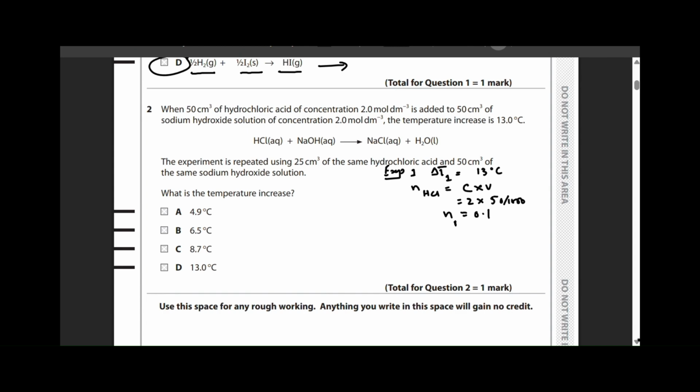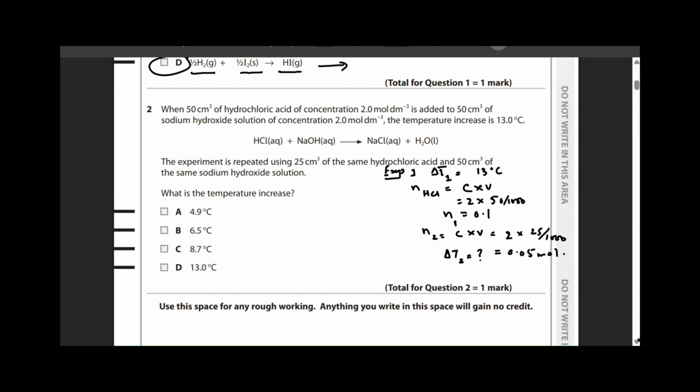And when the experiment was repeated the second time, the number of moles of hydrochloric acid changes. The concentration remains the same, but the volume changes to 25 cm³, and you convert that into dm³. So the number of moles of hydrochloric acid will change to 0.05 moles. So now you need to calculate the temperature change for the second experiment.